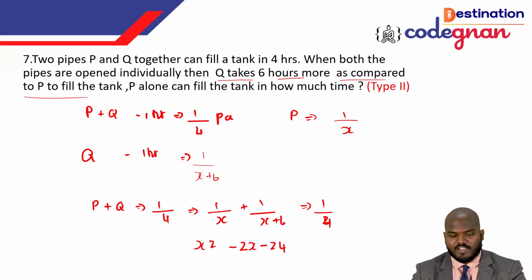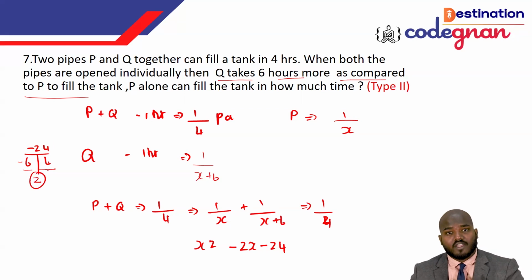Using the T method, for minus 24, 6 times 4 is equal to 24. Since we need the minus sign, it becomes 6 times minus 4, which gives 2 and minus 2X is the value we get here.